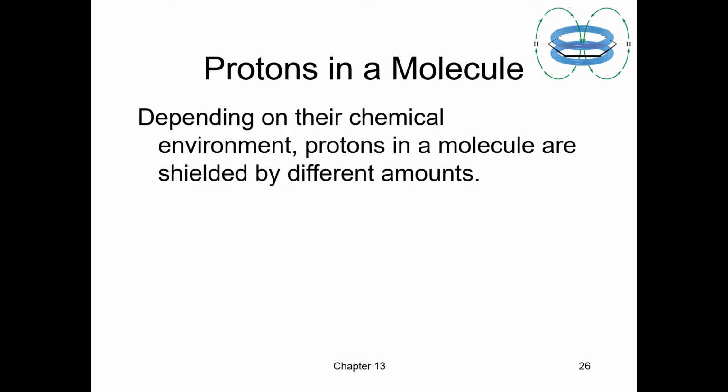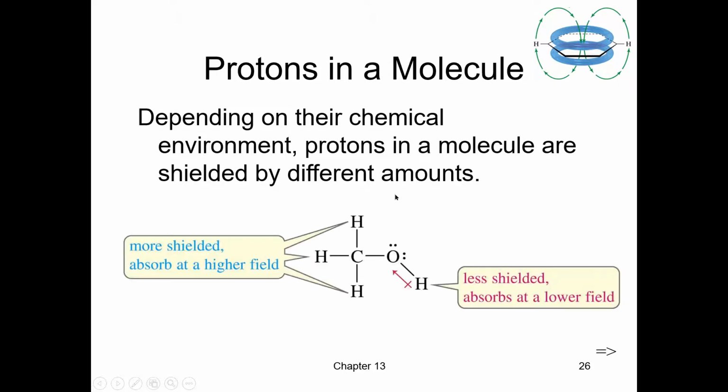So depending on the chemical environment, protons in a molecule are shielded by different amounts. Hence in the case of methanol, say these hydrogens are in the vicinity of carbon, which is electron donating. Hence the electrons will be more towards the hydrogen atom. Hence they are more shielded, so they absorb at higher field.